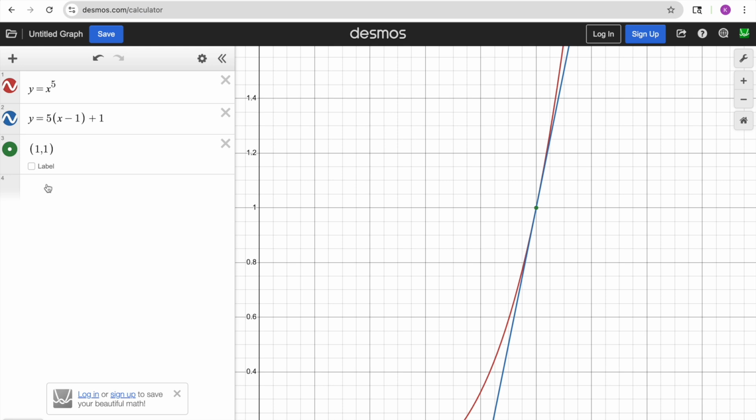We approximated f of 1.1. I'm following with my arrows right here. So we found the point on the tangent line. Notice it's very similar to the point on the curve. So that is what we are going to be doing. We're using that line to approximate a value on the curve.